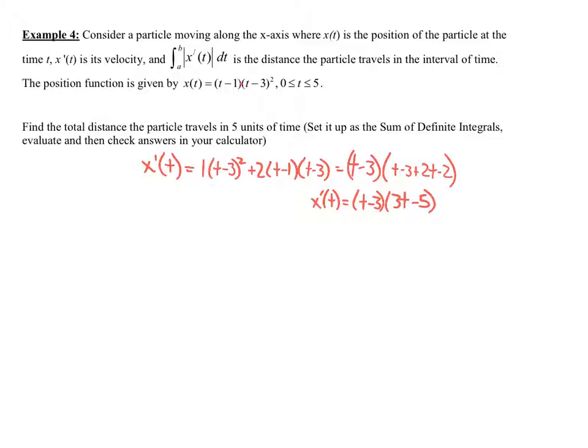Should we multiply the t minus 3 into the 3t minus 5 at all? Let's not, actually.